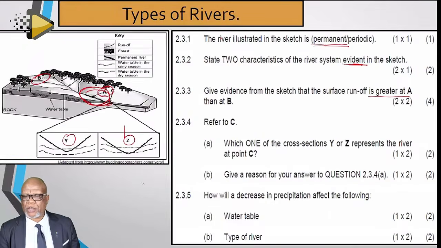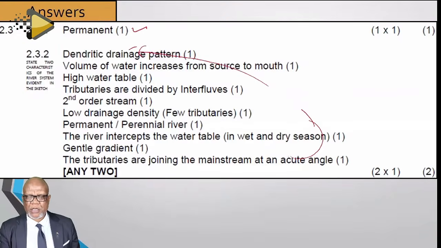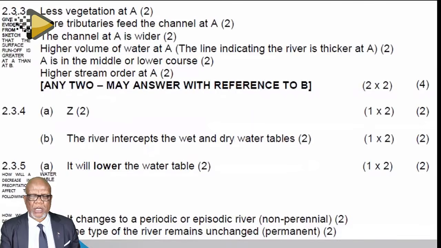Let's go to the next question. Give evidence from the sketch that the surface runoff is greater at A than at B. Now, how do you tell that it's greater at A than B? There is less vegetation at A. More tributaries feed the channel at A. The channel at A is wider.